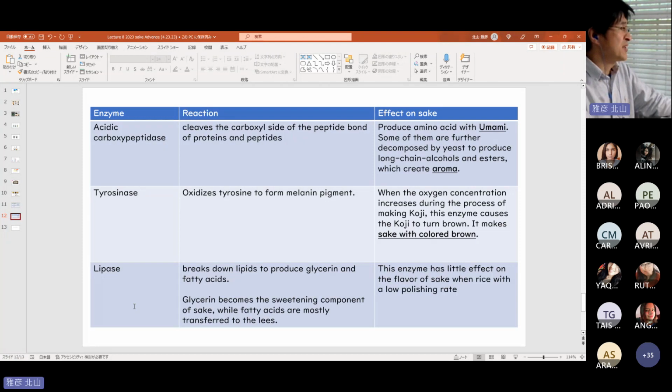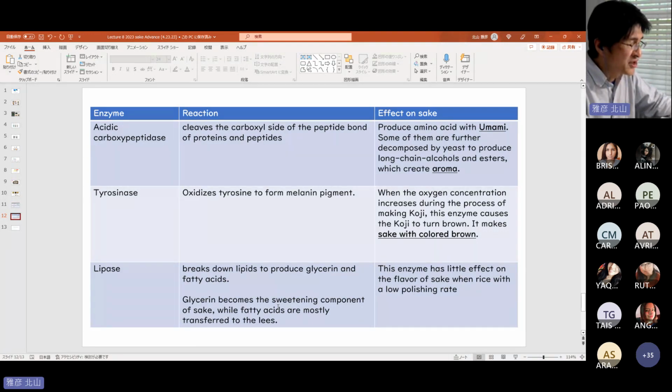Lipase cleaves lipid to produce glycerin and fatty acid. If we use a small size of rice grain by polishing, it will not affect the taste or aroma of sake very much, because lipid or fat is localized in the outer layer of the rice grain.